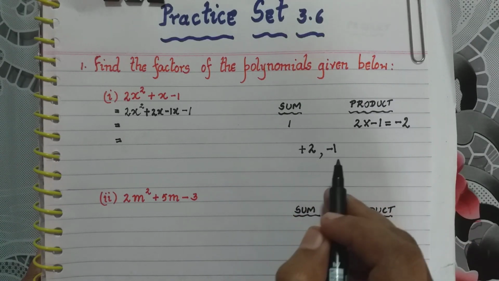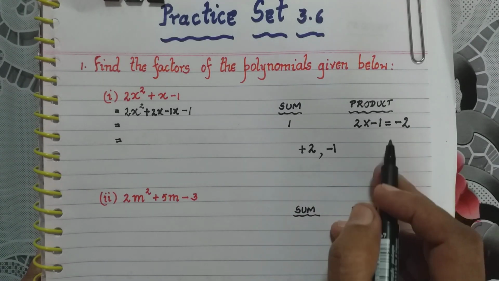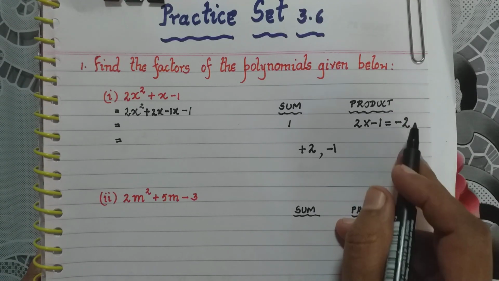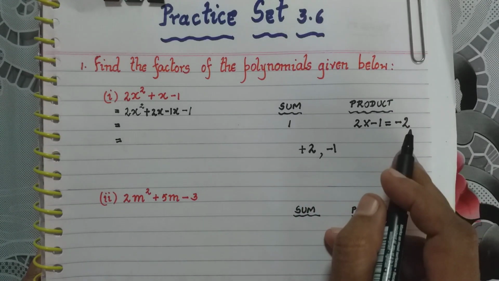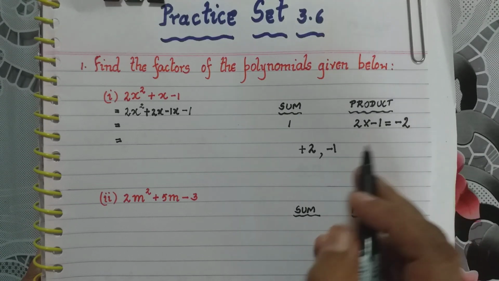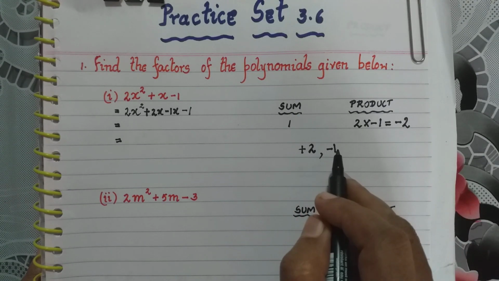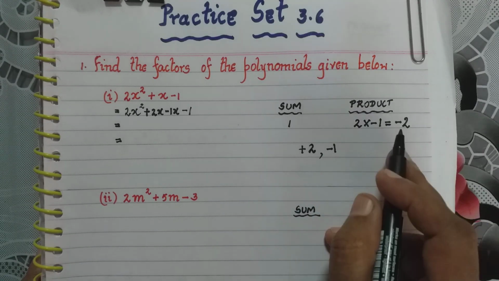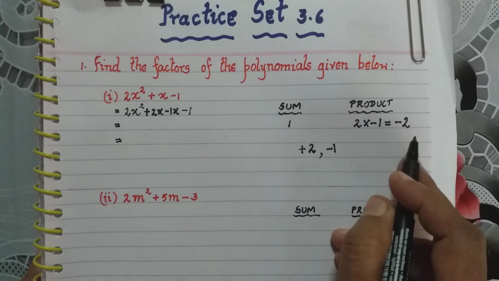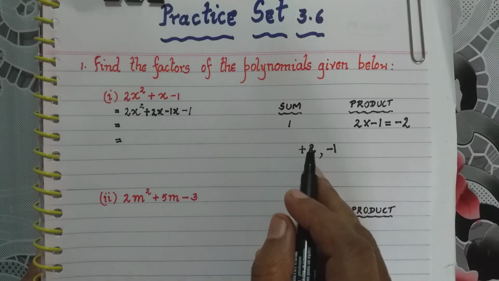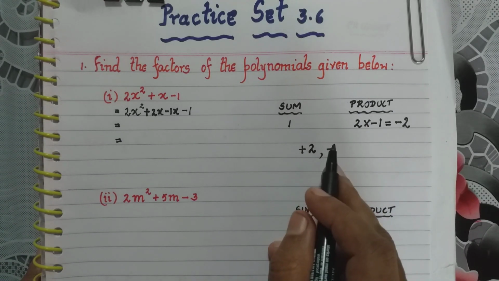So I had to think which numbers. First, what I took is the product. Product is 2, so I have only two numbers, 2 and 1, which I multiply to get 2. Then I had to decide what will be the signs of each. The product was telling me, because it was -2, that one of the terms will be plus, the other will be minus.